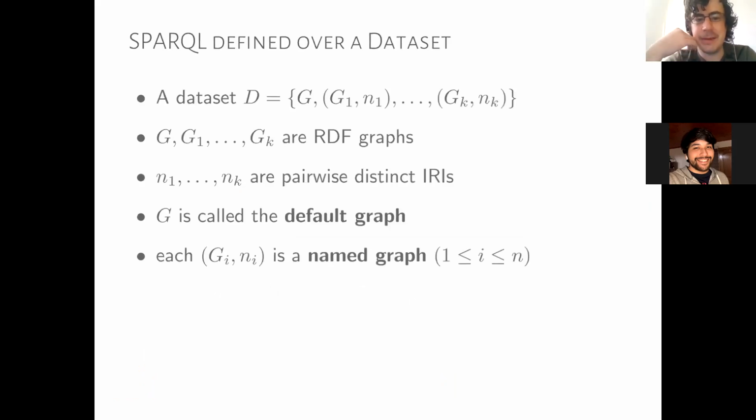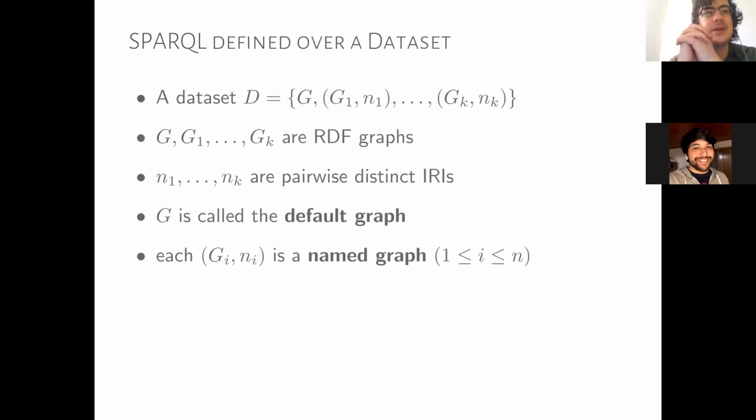The last part of SPARQL 1.0 that we need to look at is named graphs. Named graphs is kind of tricky, so we'll have a look at it and see. First of all, there's a formal definition here. The core idea is that in SPARQL, we're not just going to be able to query one RDF graph. Like in SQL, we don't just query one table, but rather we can query a collection of RDF graphs.